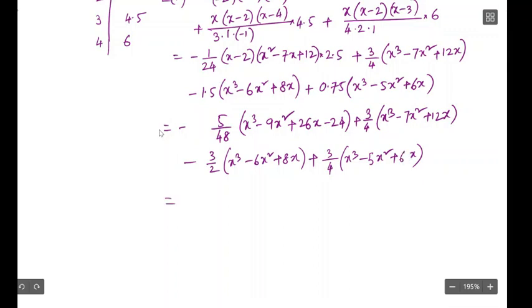So finally what we have, 3 by 4 x cube plus 3 by 4 x cube is 3 by 2 x cube, minus 3 by 2 x cube cancelled out, minus 5 by 48 x cube, and what are the square terms? It is minus 21 by 4.